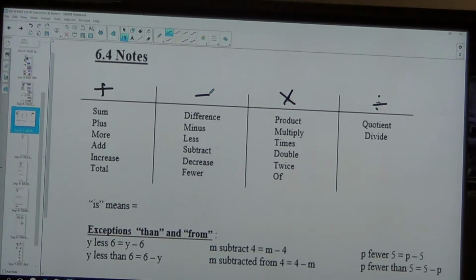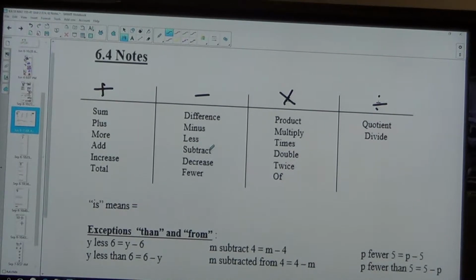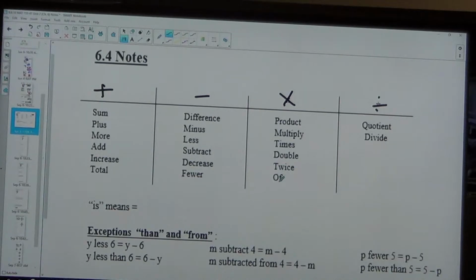Some of the words that mean subtract: difference, minus, less, subtract, decrease, fewer. Those all mean subtract. Product, multiply, times, double, twice, of. A lot of people don't realize that of means multiply. Triple, quadruple, those all mean multiply.